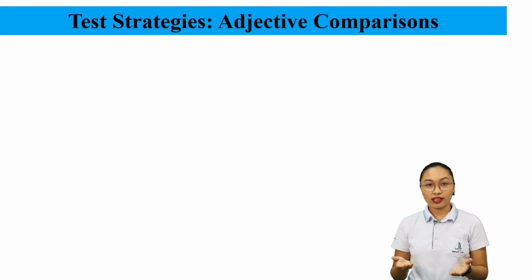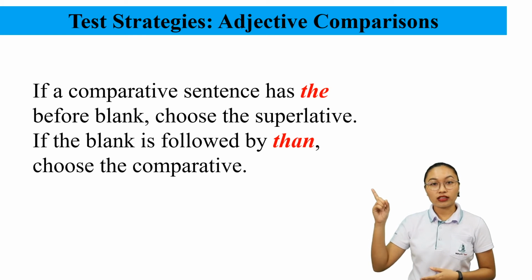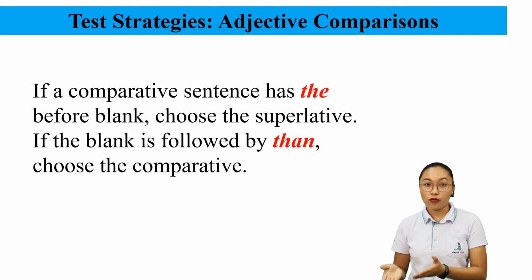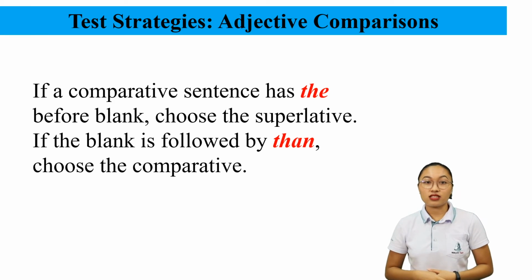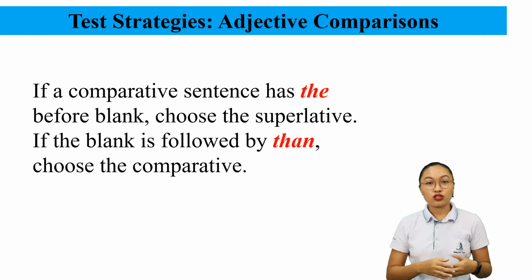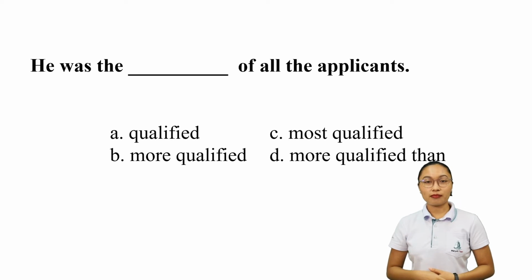This is the strategy applied for adjective comparisons. If a comparative sentence has the before the blank, choose the superlative. If the blank is followed by than, choose the comparative. He was the blank of all the applicants.